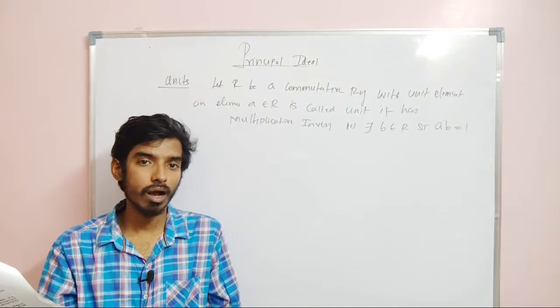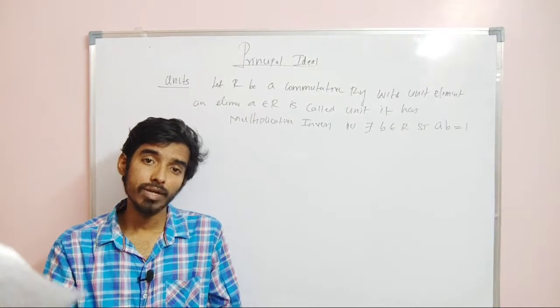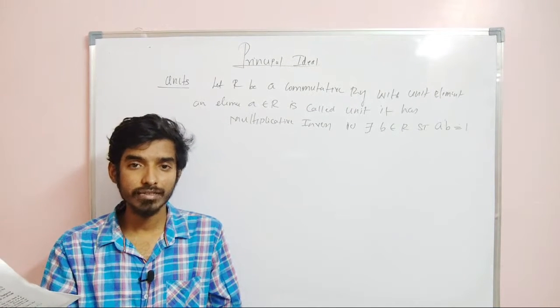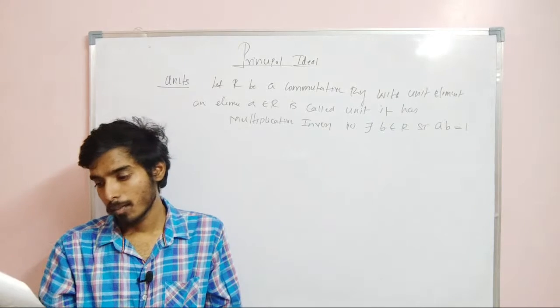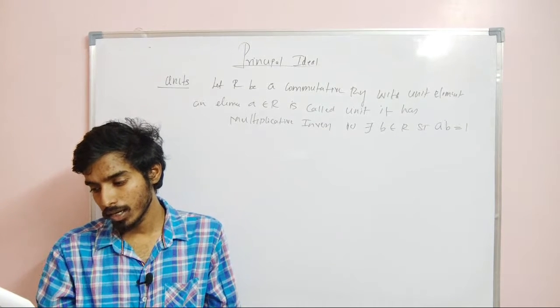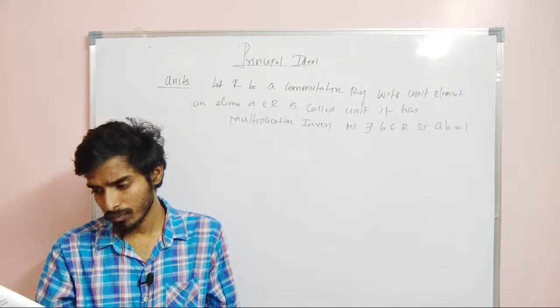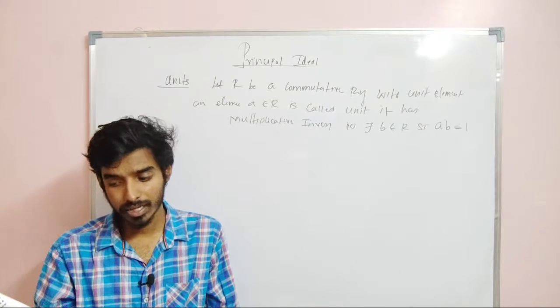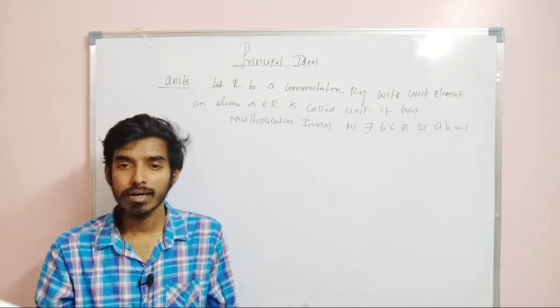For example, in a field every element other than 0 is a unit, so there are infinitely many units, but the unity element is always unique.